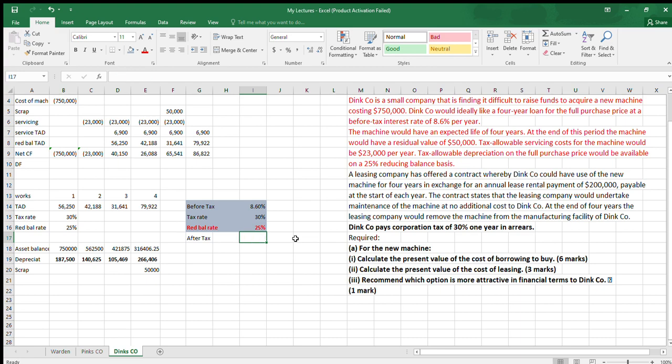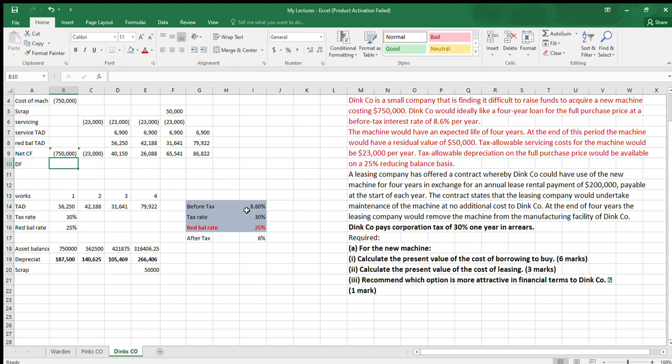The after-tax rate will rather be the 8.6%, that's the before-tax rate, multiplying 1 minus the tax rate, which gives 6%. Again, adjusting it for tax is the before-tax rate multiplying bracket open 1 minus the tax rate, 30%. You are taking the tax out of it, 6%. That is what you use for your discount factor.